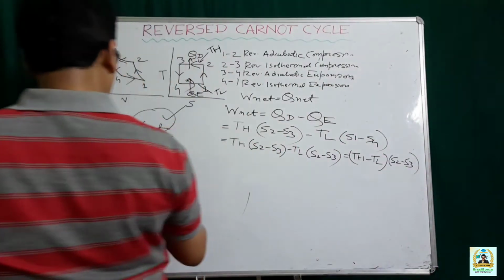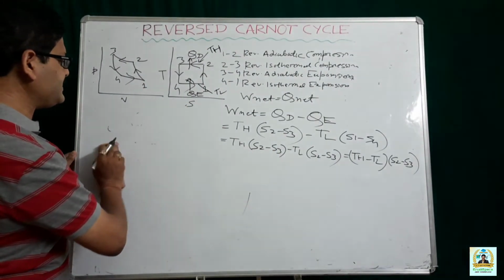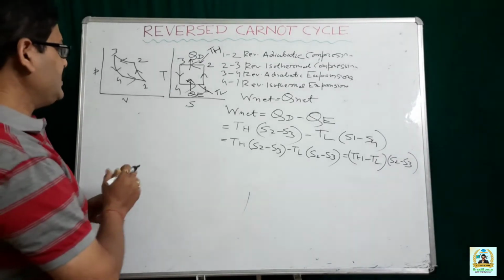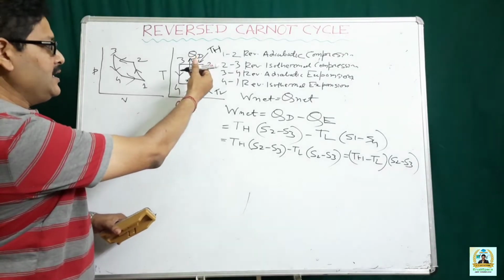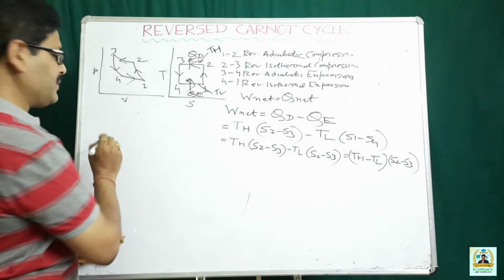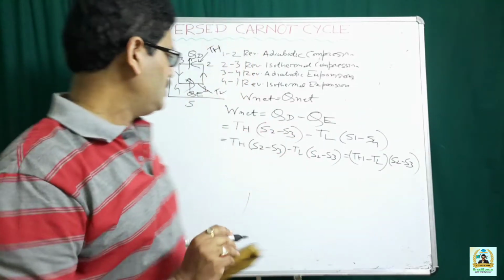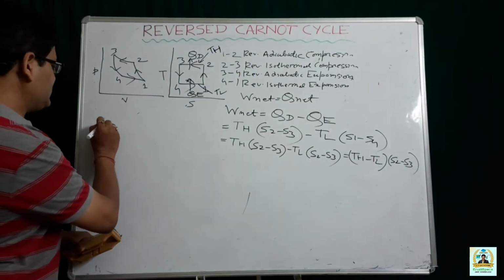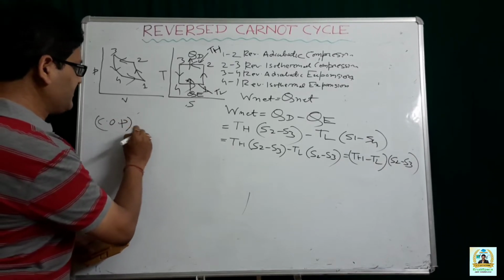But when it comes to your refrigerator, the desired effect is extraction of QE amount of heat from the body, which is to be maintained at low temperature. We use the notation COP, which represents the coefficient of performance, COP of the refrigerator.